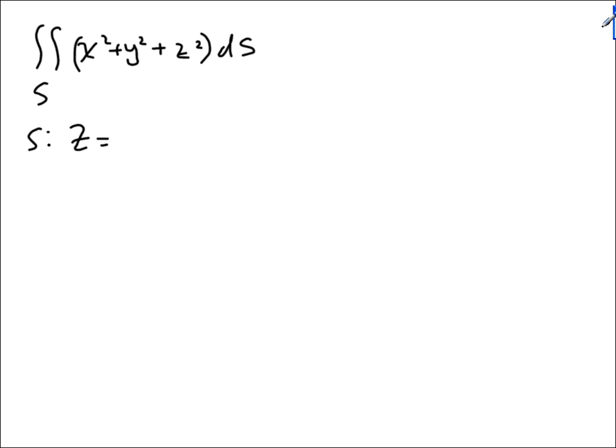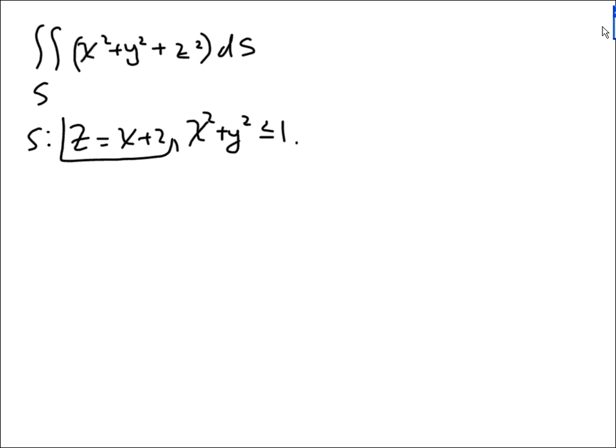Want to evaluate the double integral of x squared plus y squared plus z squared dS, and S is z equal to x plus 2, and x squared plus y squared less than 1.